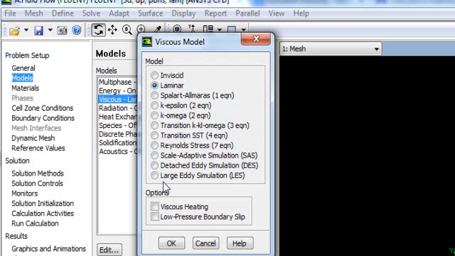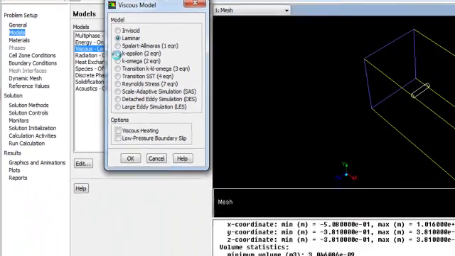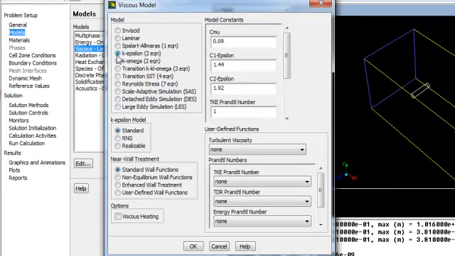You also have large eddy simulation, the ADS modeling. So right now we will do a very simple and most commonly used turbulent model, that is K epsilon model. So if you select K epsilon model, then you will get the options for K epsilon model.